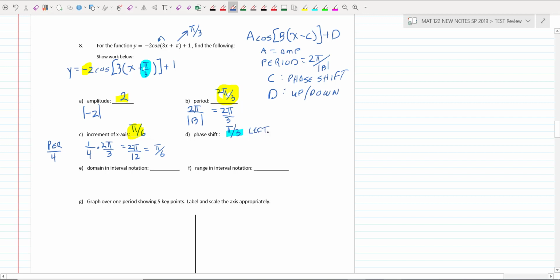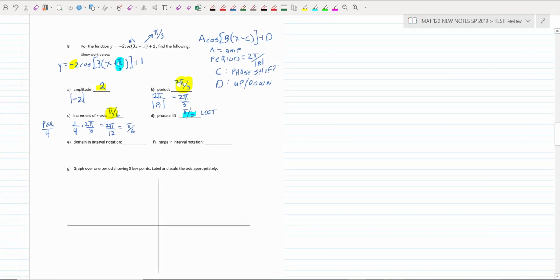Okay, so after you've kind of got everything figured out, then we're ready to go through and get the graph put together. So generally what we're going to do, if you have a phase shift, generally the easiest way to do the graph is to start at the phase shift. So what I'm going to do is I'm going to count out by these values. So if the increment's pi over 6, we're going to go 0, pi over 6, and we're counting by the numerator, 2 pi over 6, 3 pi over 6, 4 pi over 6, and so forth.